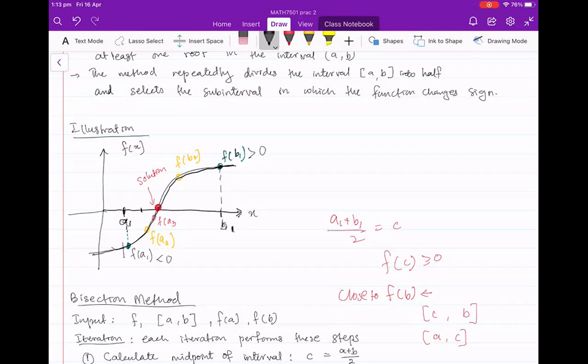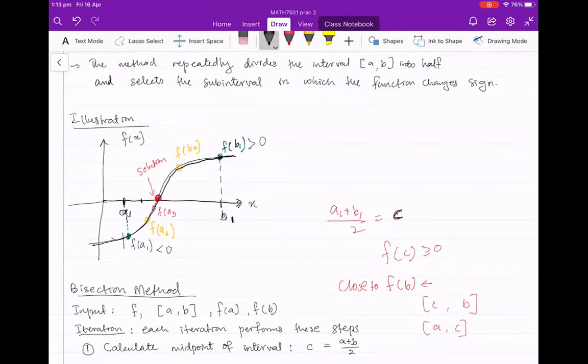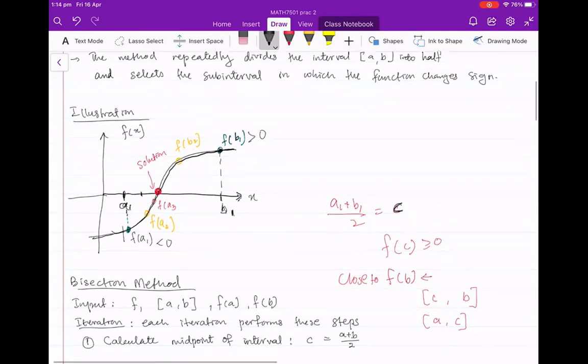And then what happens is you take the average of the endpoints a1 and b1, call it c, and then compute f(c). Check the sign of f(c). If f(c) is positive, it's close to b1.